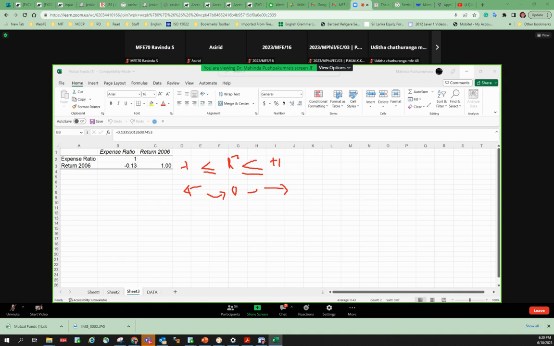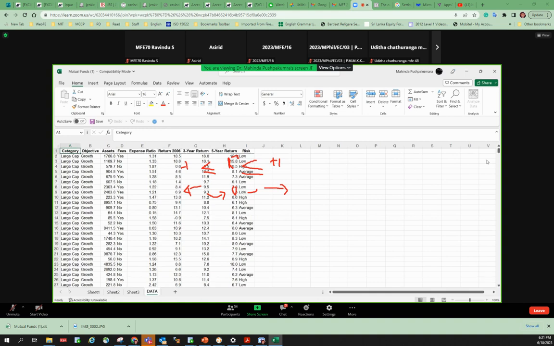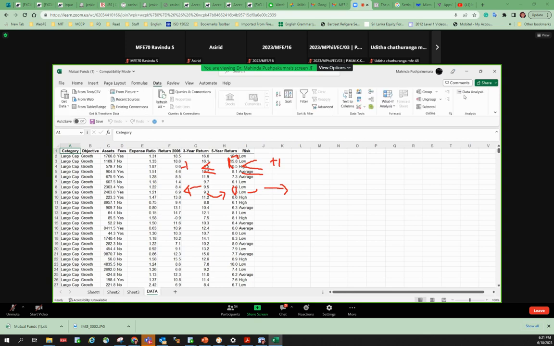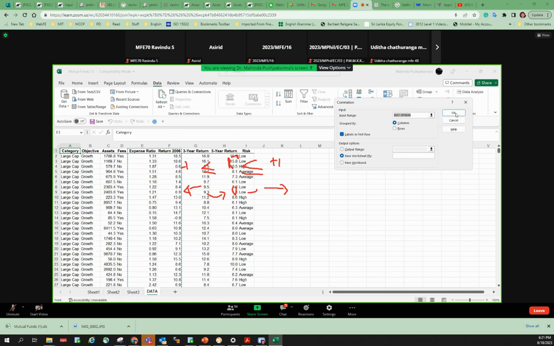Shall we take another correlation between, let's say, 2006, sorry, 3-year return and 5-year return. Then in data analysis, correlation.